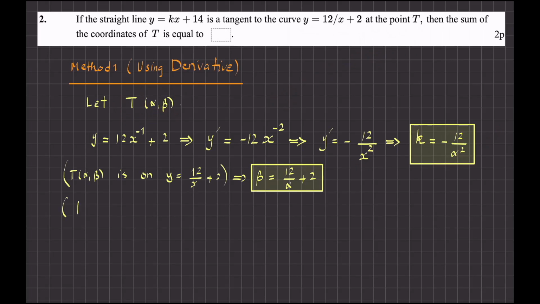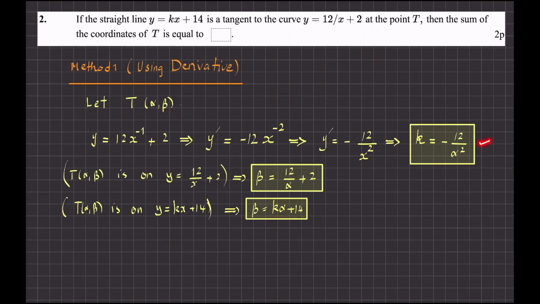And then again, T(alpha, beta) is on the line as well, is on y equals kx plus 14. So from here I can conclude that beta is k alpha plus 14. So what I did, I replaced y with beta and x with alpha, and I get this equation.